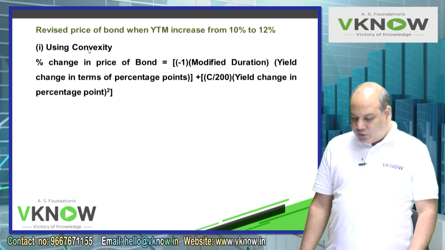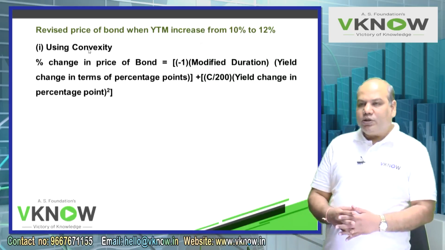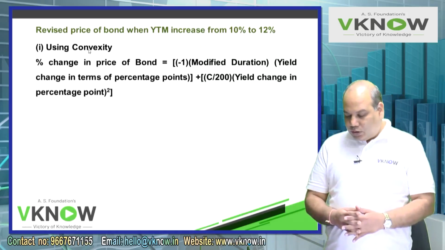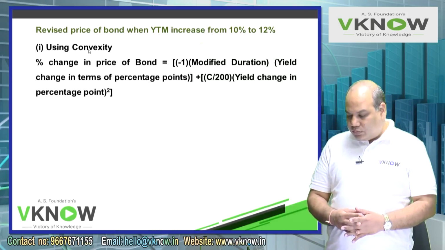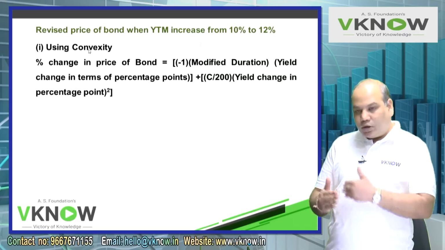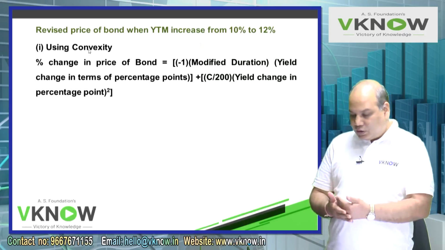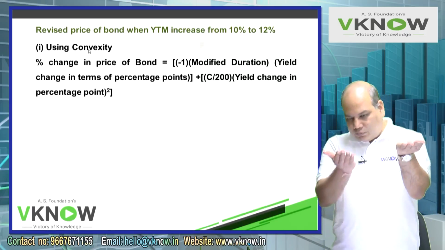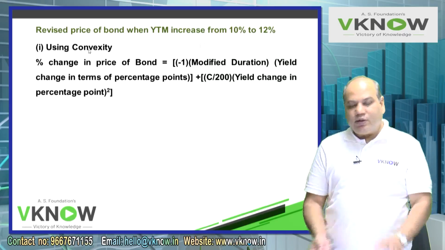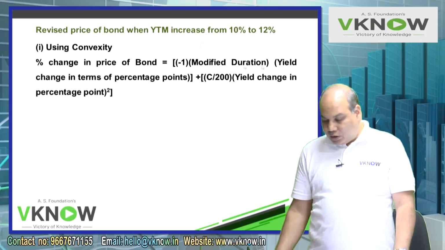The formula for calculating percentage change in price of the bond is equal to minus modified duration. Why minus? Opposite direction. If yield increases, the price will decrease. So opposite direction is reflected by this minus 1 into yield change in terms of percentage point.